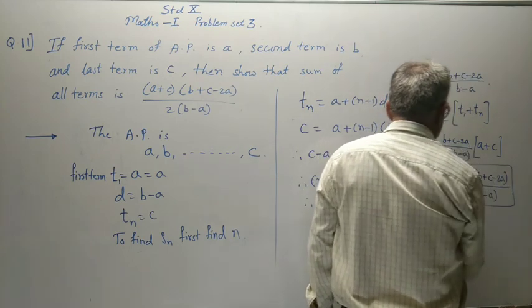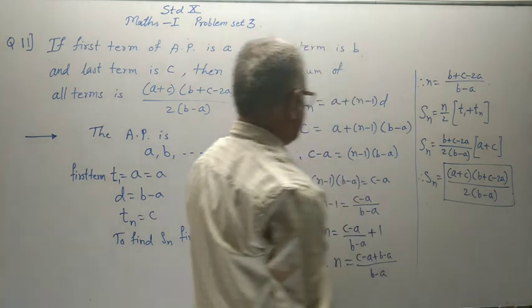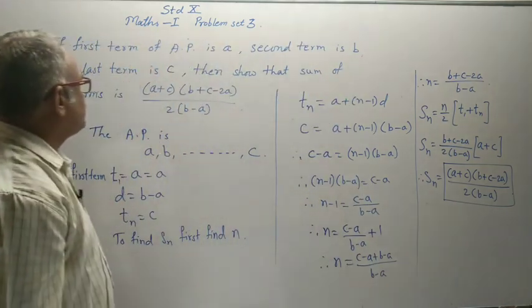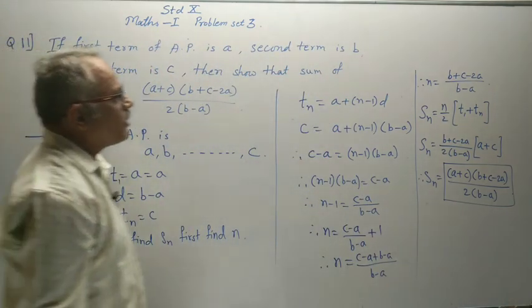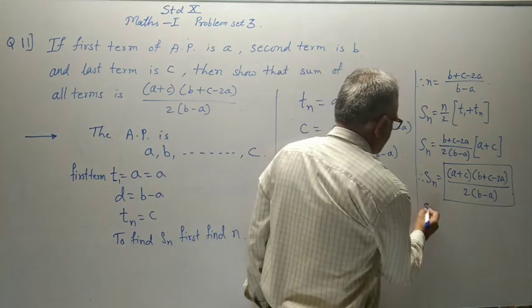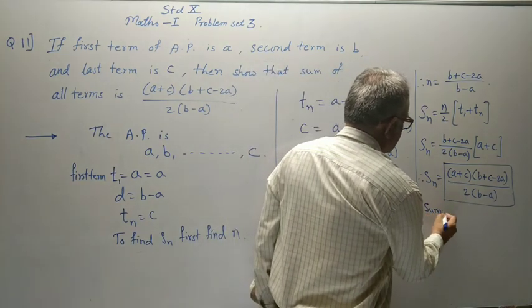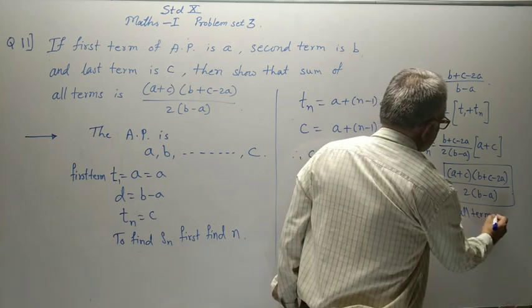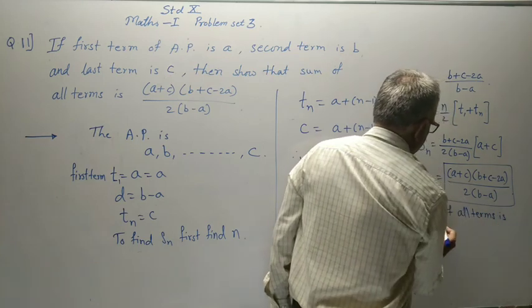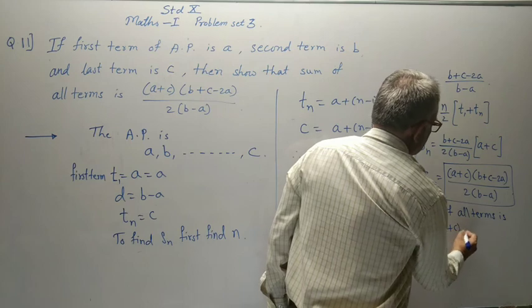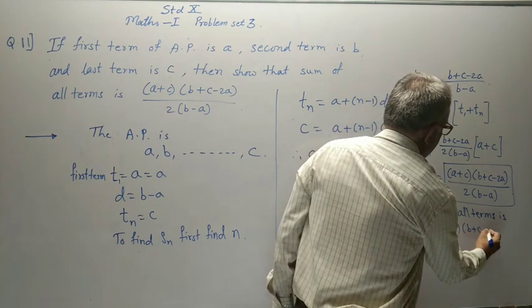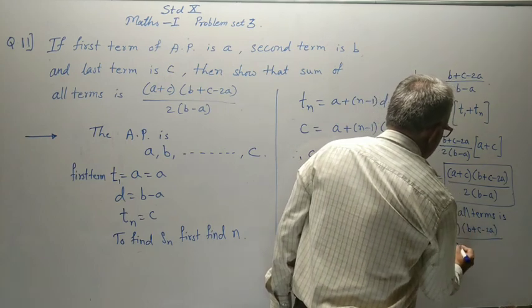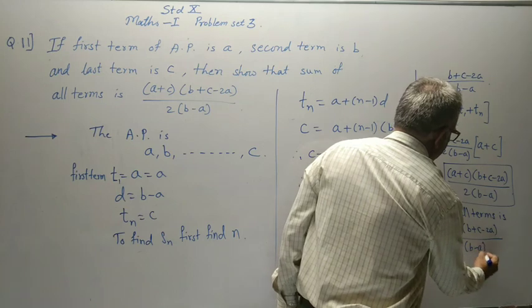Sn is equal to this; prove that the sum of n terms is this, and write it in words. Therefore the sum of all n terms is (a plus c) into (b plus c minus 2a) upon 2 into (b minus a).